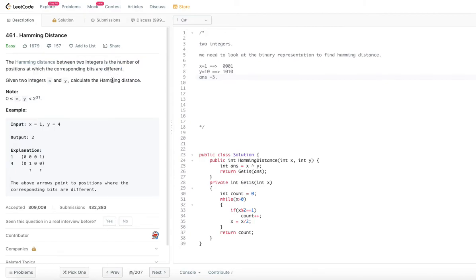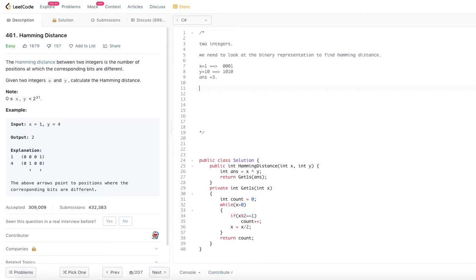So let's dive into some of the bitwise operators, the bit manipulation techniques. When can you get a 1? When the bits are different. Which operator can give you a 1 when the bits are different?